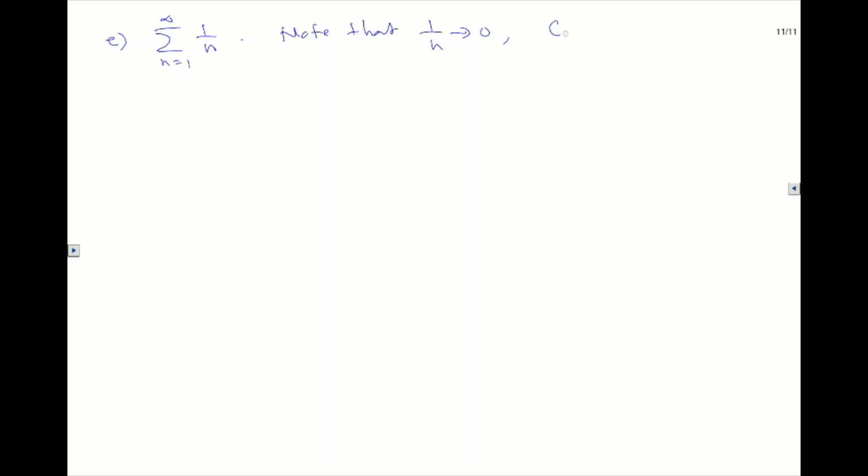But the question is, can we say anything about the convergence? When it does not go to 0, we can say something, but if it goes to 0, we can't say anything about this.